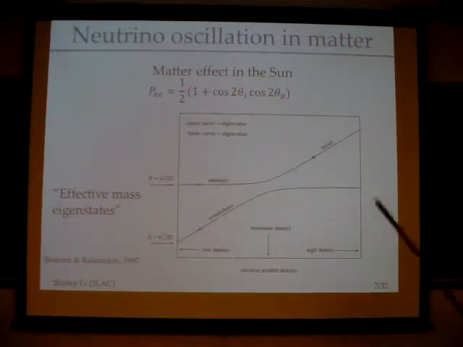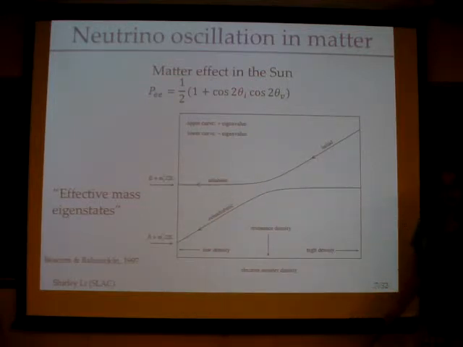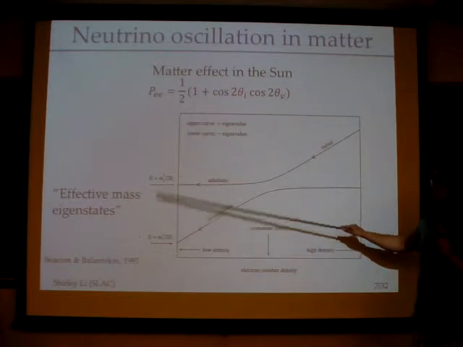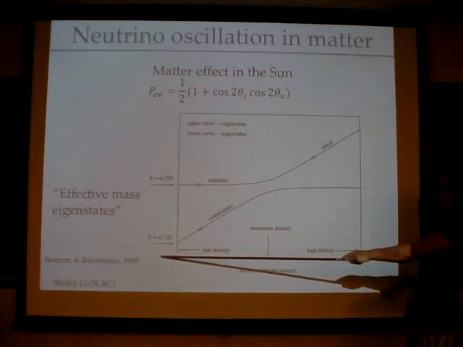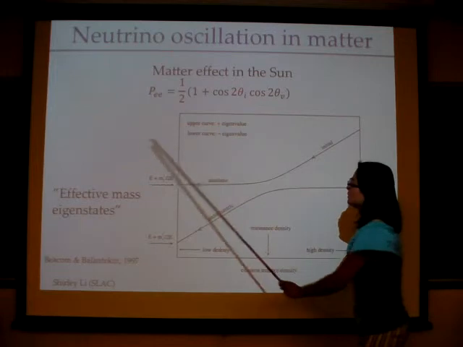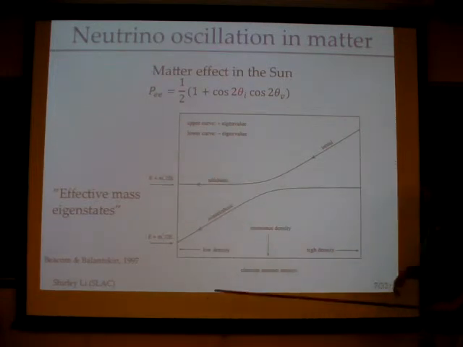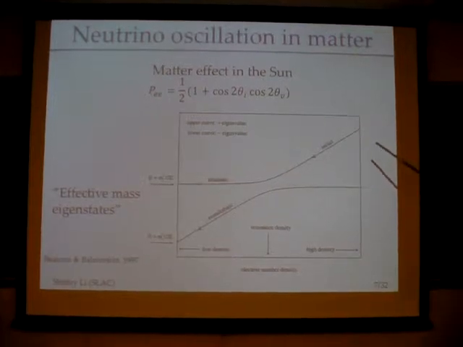You can understand it like this. This shows the effective masses of neutrinos, M1 and M2, as a function of electron number density. When the electron number density is very low, these are basically mass 1 and mass 2, the normal vacuum regime. When the electron number density is very high, this gets modified.